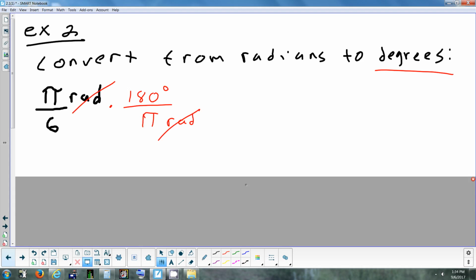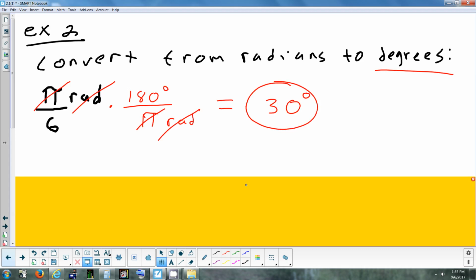Is there anything else there that cancels? Yeah, the pi's cancel. So radians cancels, pi's cancel, and all you're left with is 180 degrees divided by 6. What's 180 divided by 6? 30. 30 degrees. Do I need to put degrees? Yes, I do. If I leave it like that, I'm going to think you mean 30 radians.